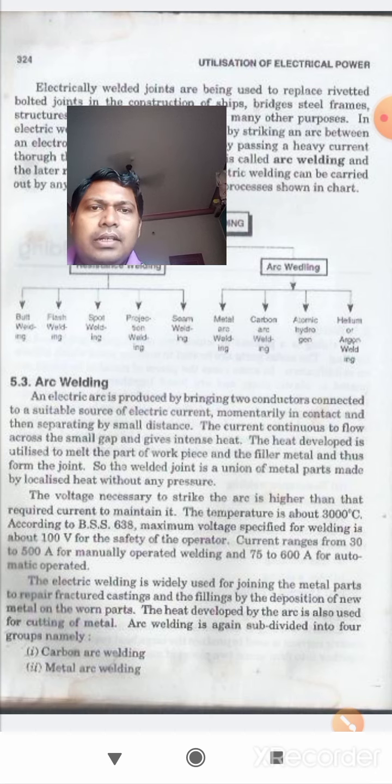The welded joint is a union of metal parts made by localized heat without any pressure. The voltage necessary to strike the arc is higher than that required to maintain the current. So definitely during starting, when we strike the arc, the voltage required will be higher, and once the arc has been produced, the amount of current required will be lesser.